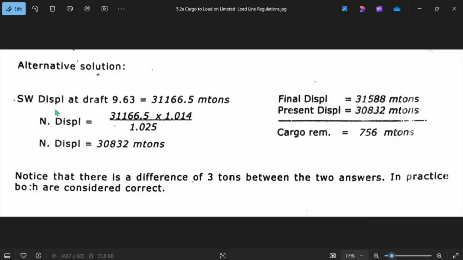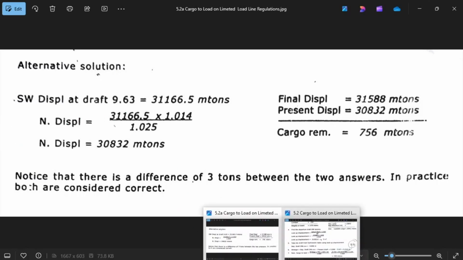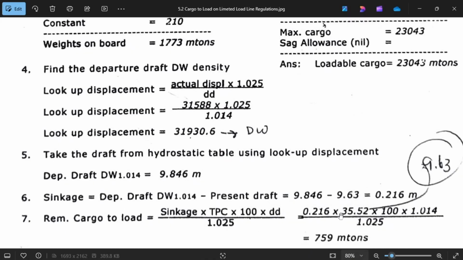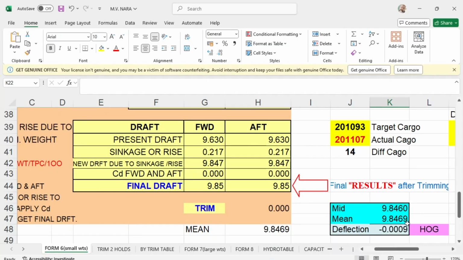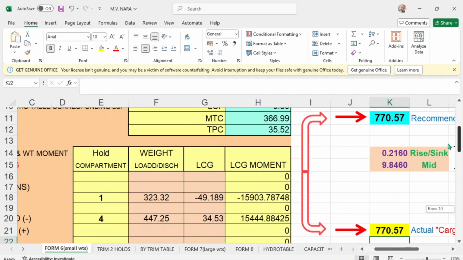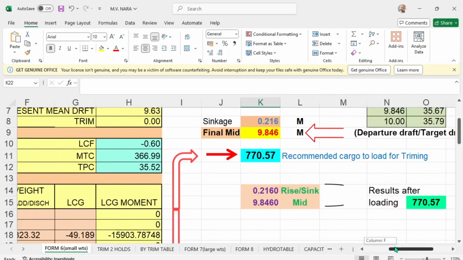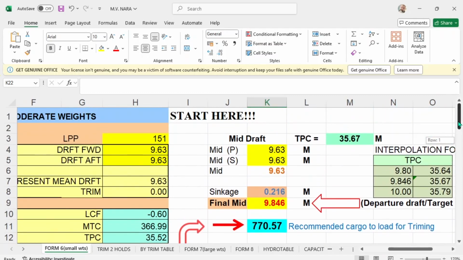Now, here's another solution. Instead of using this formula, here's another solution, and this one.